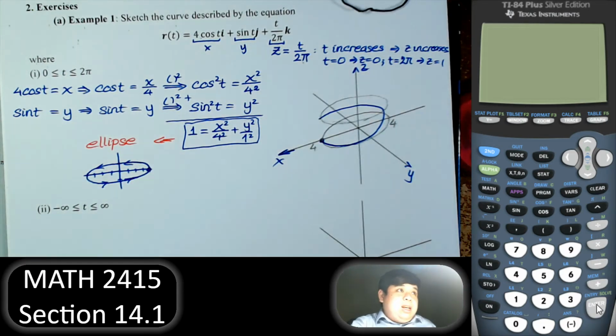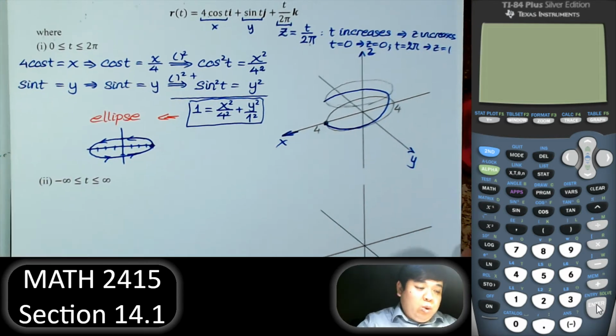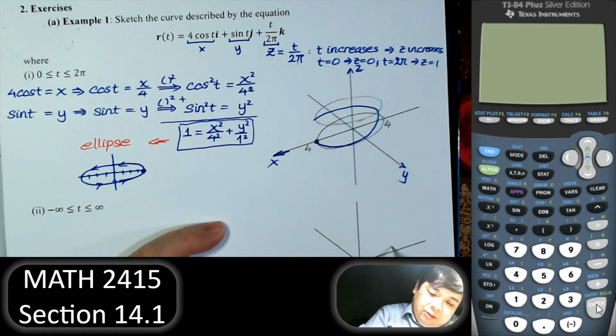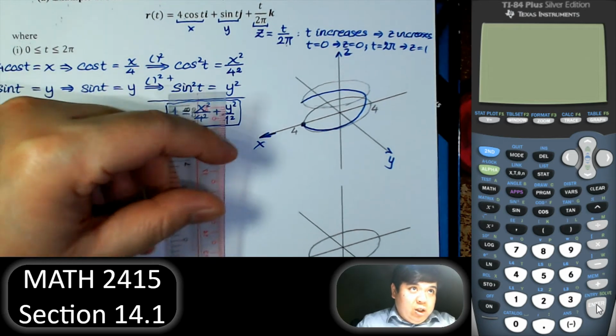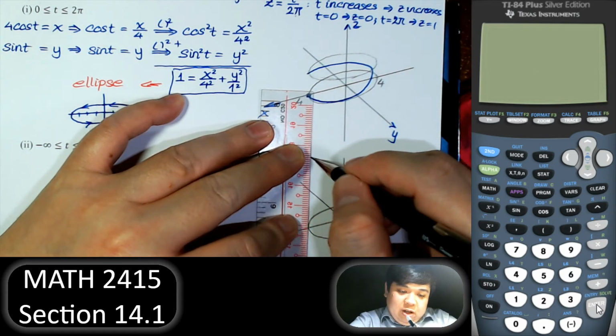When t increases from negative infinity to infinity, we still have an ellipse, but z goes from negative infinity to infinity as well.